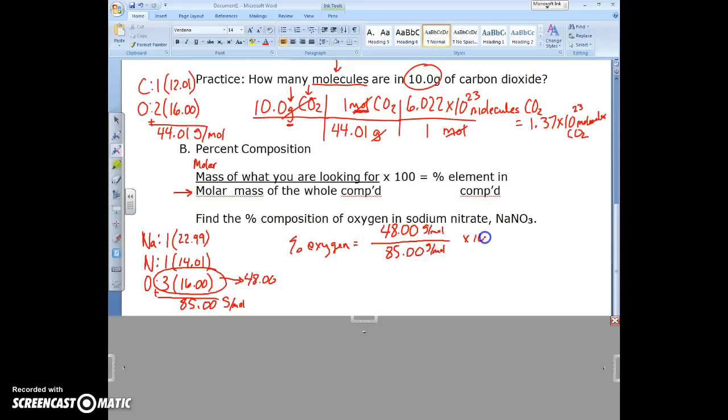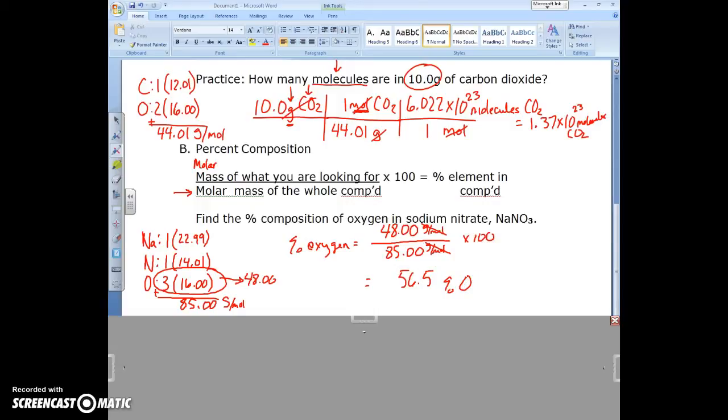And then all of that times 100. Well, grams per mole divided by grams per mole, those cancel out, and all you're going to end up with is a percent sign. And so 48 divided by 85 times 100 is 56, and we'll just go to 1 decimal place, 56.5% oxygen.